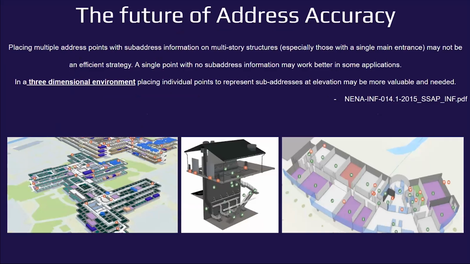But I ended my last presentation talking about the future of address accuracy. And this is coming from NENA again, that in some areas, in a three-dimensional environment, placing individual points to represent sub-addresses at elevation may be valuable and needed. That's what we're talking about now in our expansion into Indoor GIS.